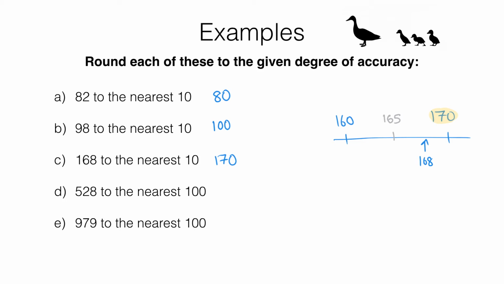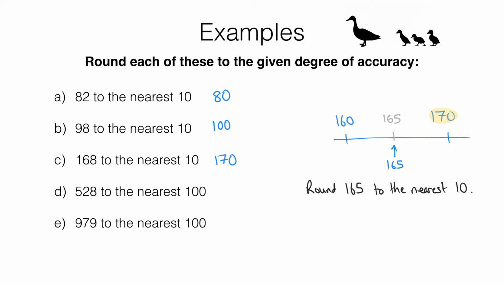Before we move on to D, I just want to ask a quick extra question. What if I want to round 165 to the nearest 10. Let's show that on a diagram. So we're not dealing with 168 this time. We're looking at 165, which we've already marked on. That's exactly halfway between 160 and 170.